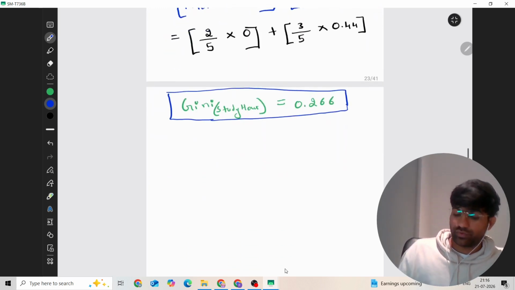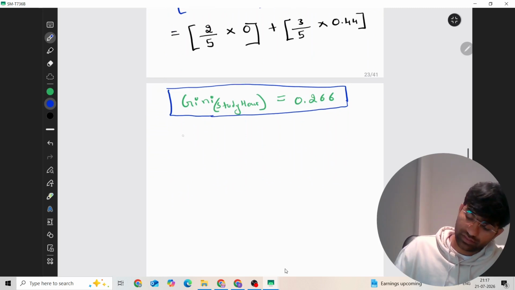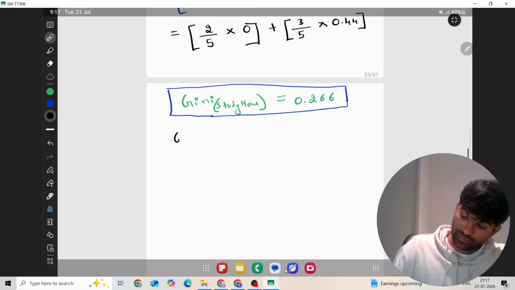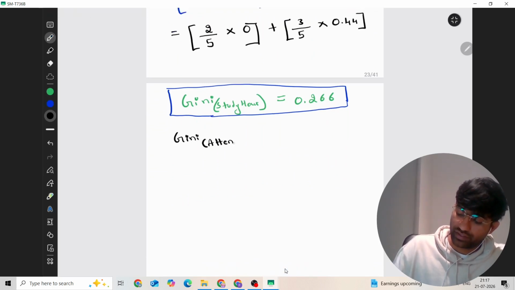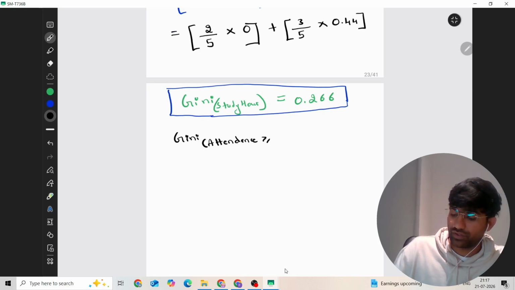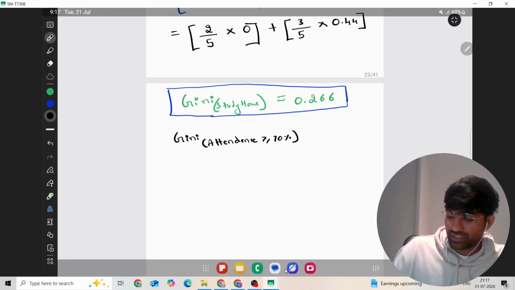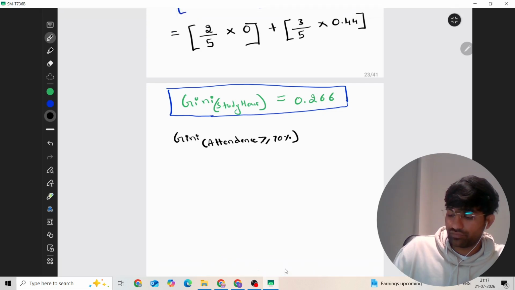Now we have to calculate the Gini impurity in the same way for attendance greater than or equal to 70%. I will not make the calculation here. The video will be very long if you make the calculation. Suppose consider our Gini impurity for attendance greater than or equal to 70% is 0.34.